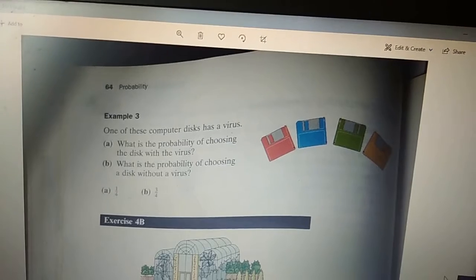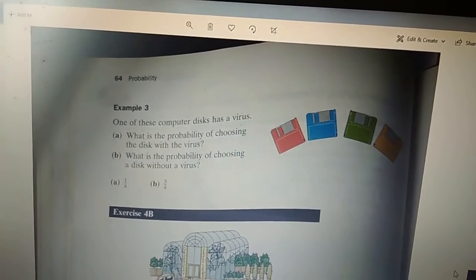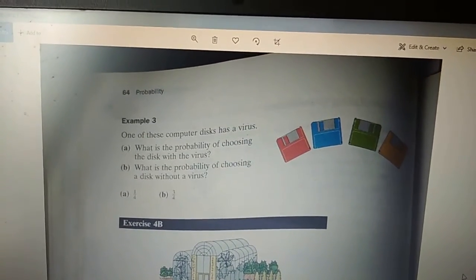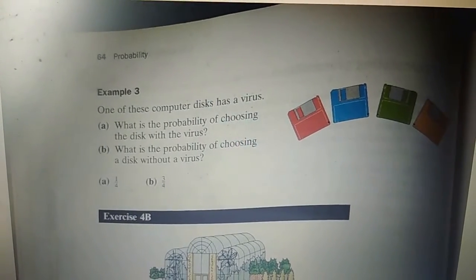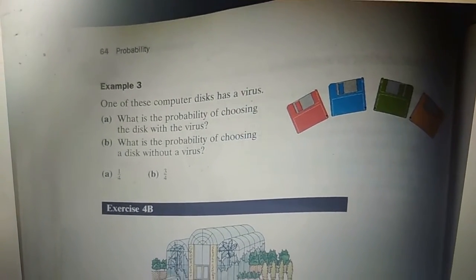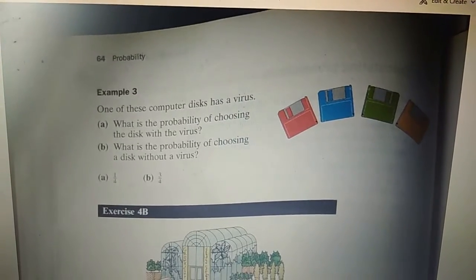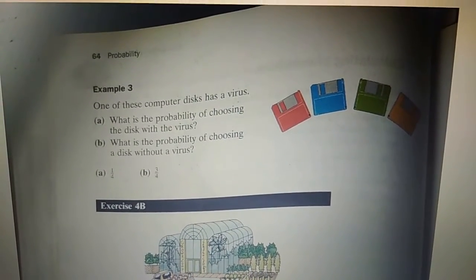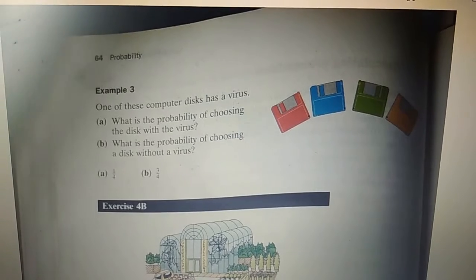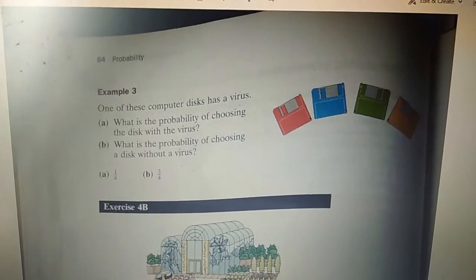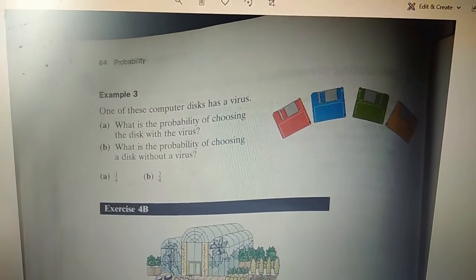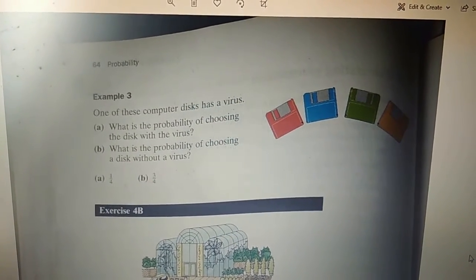It's very simple. We have a total of 4 disks, and only one will have the virus. So the probability of choosing the disk with the virus is definitely 1 by 4.